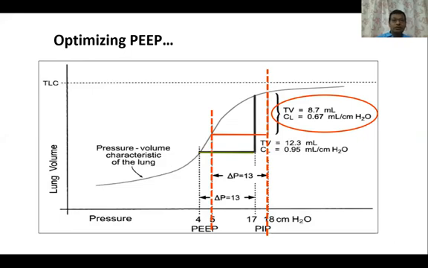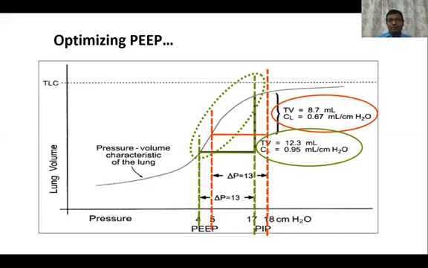Now we have tried to bring the loop of the lung units of this baby into a favorable position by reducing PEEP to 4 and PIP to 17, and with the same MAP you can see we have got higher tidal volume and good lung compliance. So this is how the PV loop can help us to optimize the PEEP to get higher tidal volume without any change in the MAP.